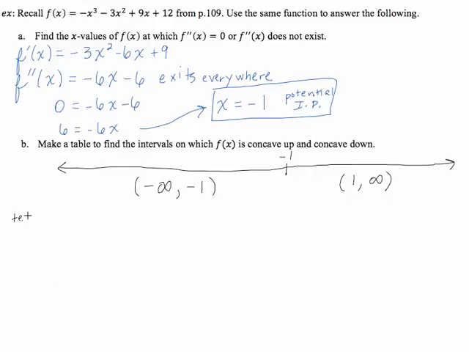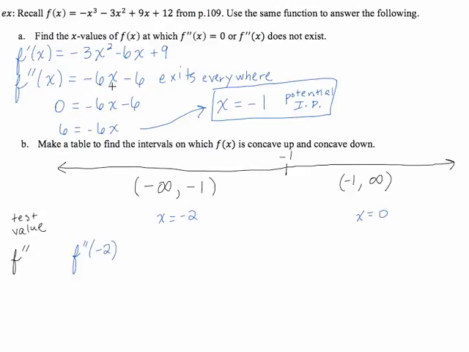So we're going to choose a little test value within each of those intervals. So if I choose, let's say, negative 2, okay, that's in that interval. And how about 0 is in the interval from negative 1 to infinity. And what we're going to do is plug those into f double prime. So we're going to take f double prime of negative 2 and see if it's positive or negative.